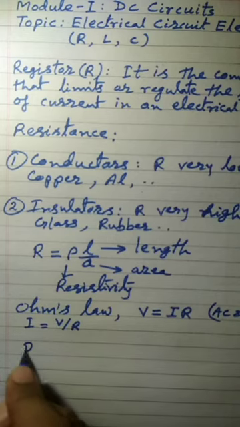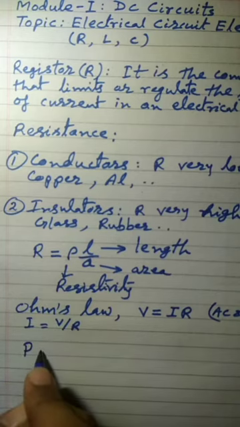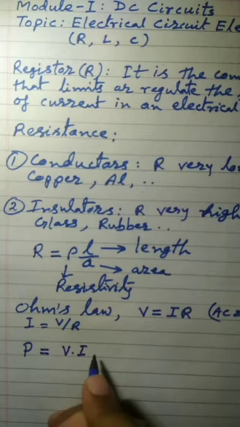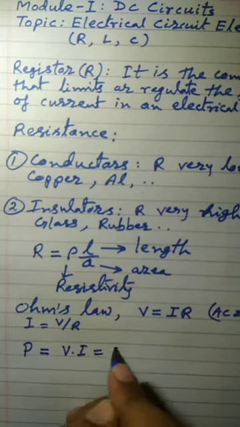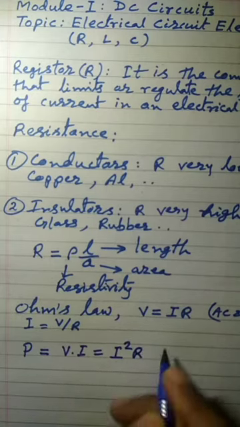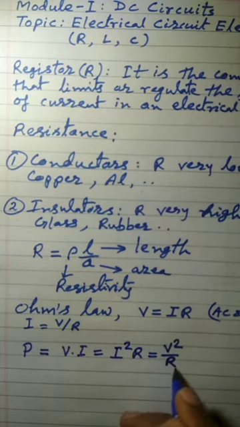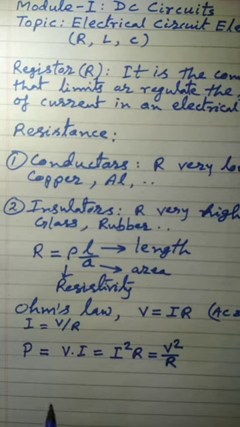So the power of a purely resistive circuit can be represented as V into I, or it can be written as I square into R, and that can also be written as V square upon R. These all relations come from Ohm's law, that is V is equal to IR.